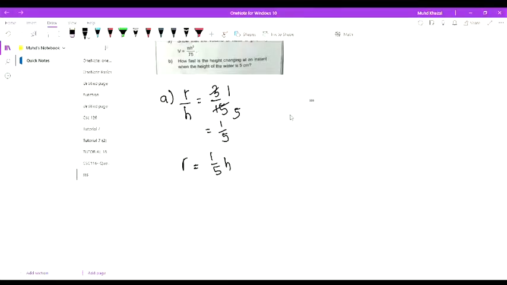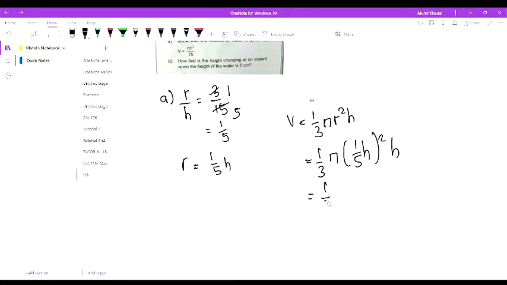The general formula for the volume of a cone is V equals 1 over 3 pi R squared H. And now we replace this amount in R: 1 over 3 pi, 1 over 5 H squared, H. After this, we solve this equation: 1 over 3 pi, 1 over 25 H squared, H. So we get pi H cubed over 75.